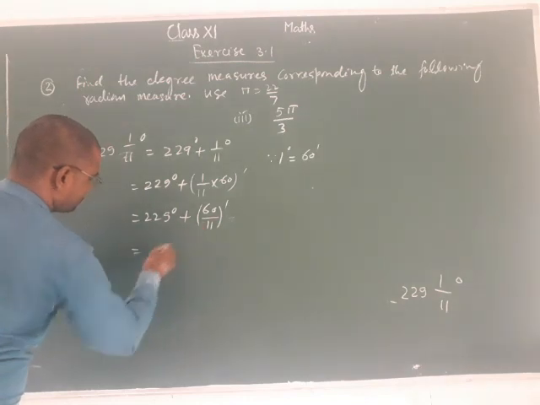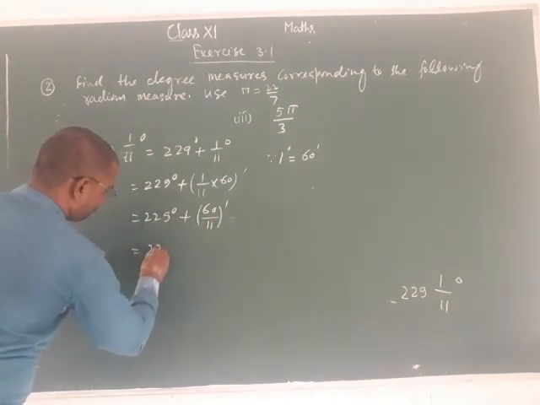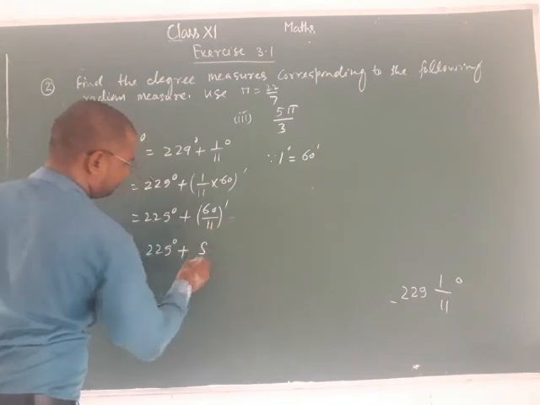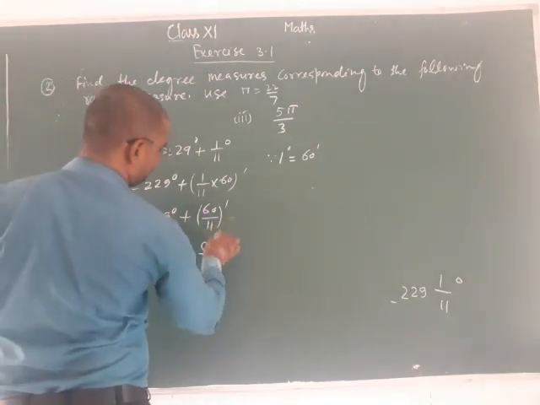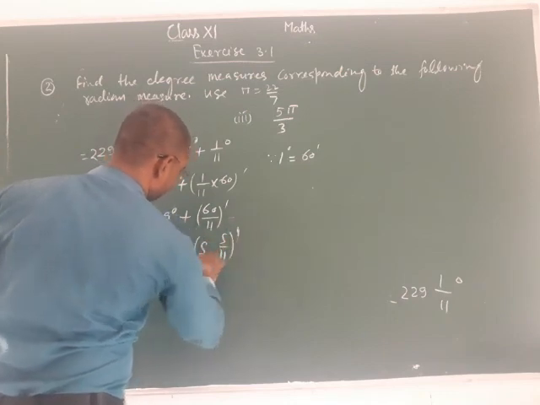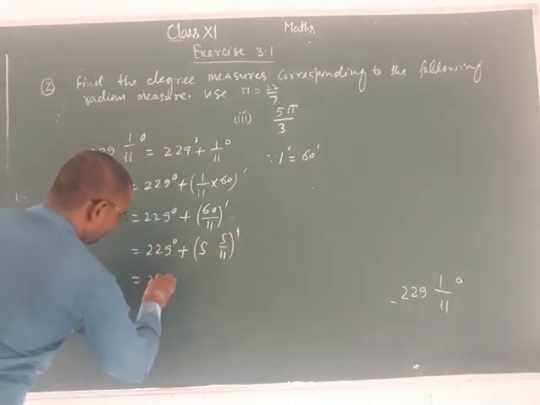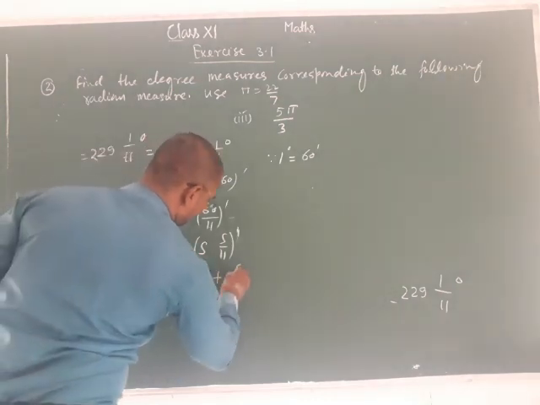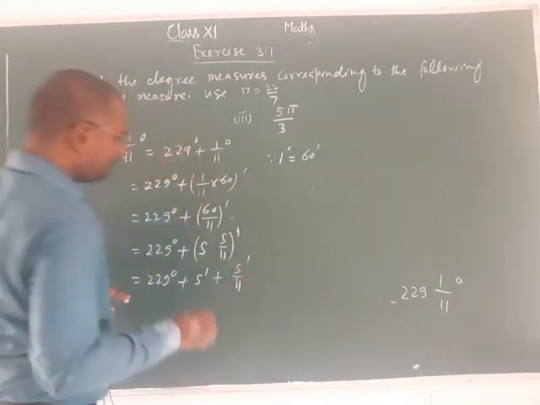So 229 degree plus 5 minute plus 5 upon 11 minute.